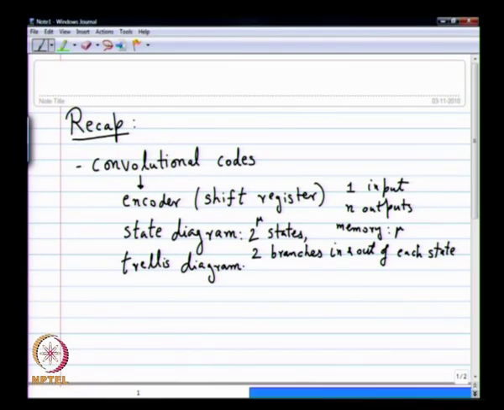And in the trellis diagram, since we explicitly have time playing a role, we have to first specify the number of input bits. So we usually keep it as, let us say, some k input bits, plus... Is that enough? Can we stop there? No, we have to terminate the state back to the all 0 state.